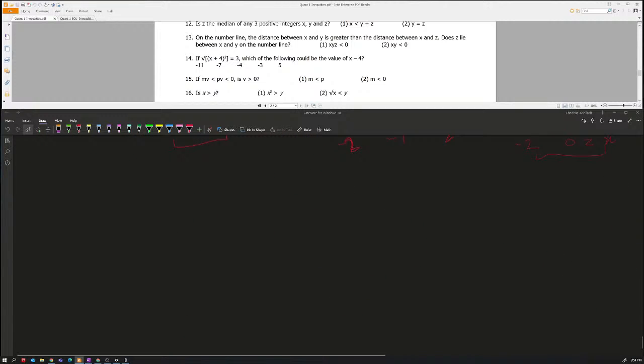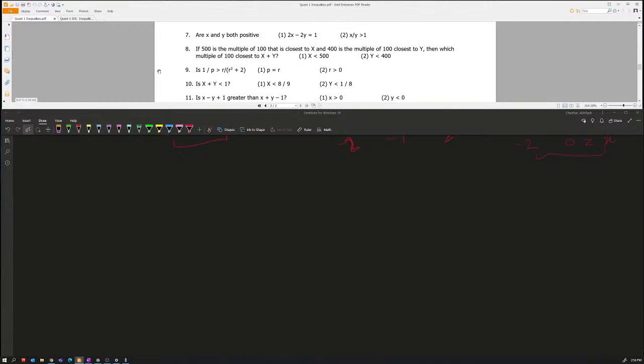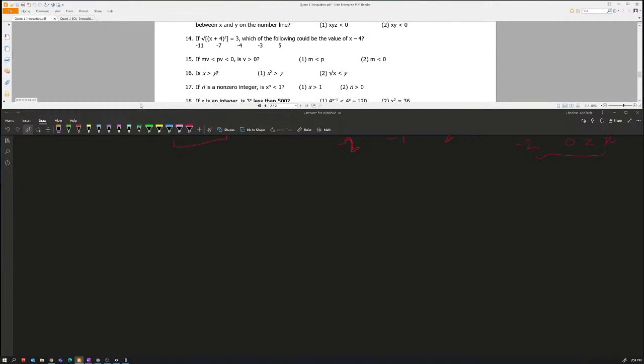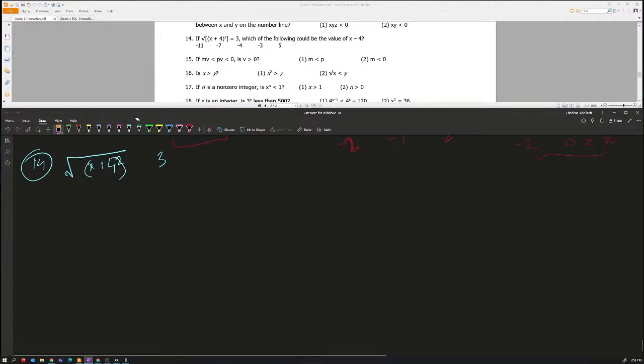Let's take question number 14. Question number 14 is here, which says if root over x plus 4 square equals 3, which of the following would be equal to x minus 4?